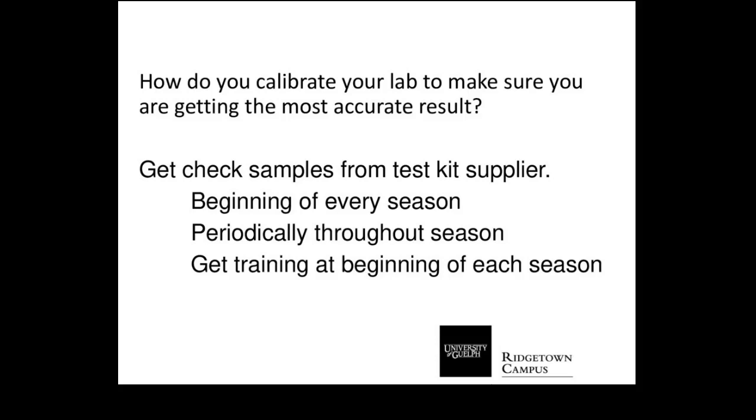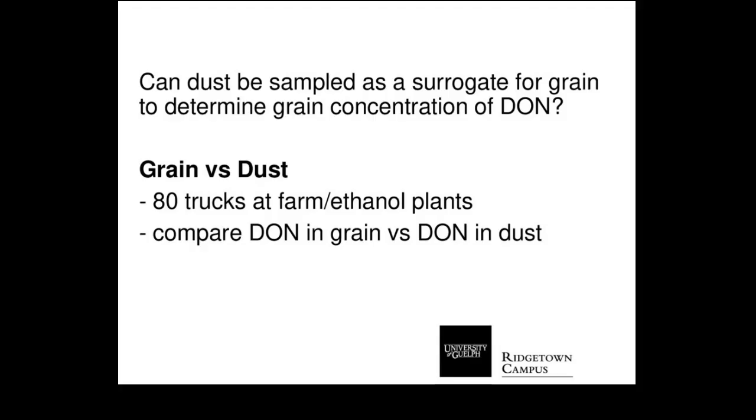And then you want to do this periodically throughout the season. The test kit companies will also provide training at the beginning of each season, so you make sure everybody is doing the same thing at each of your locations and everyone's getting the same result. And this is just good laboratory practice, and the resources and the supplies are there to be able to do this.